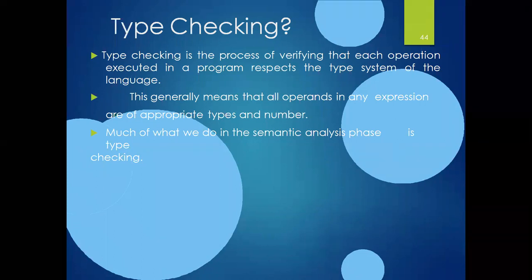And arrays, records, structures, sets, or pointers all come under the constructed data types. And the constructed data types are built using the basic data types. That's the connection between these two types of data types. And this is about type checking.